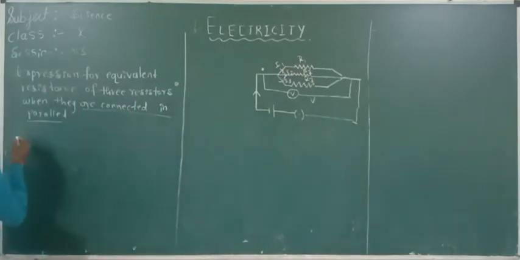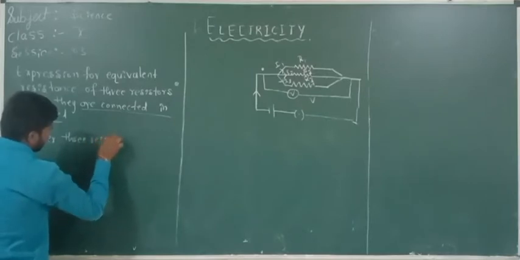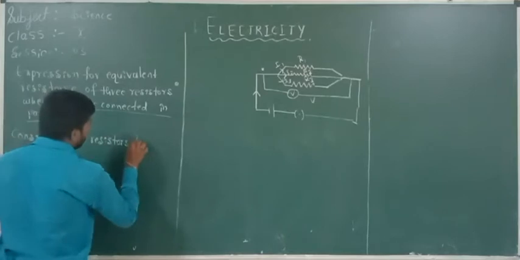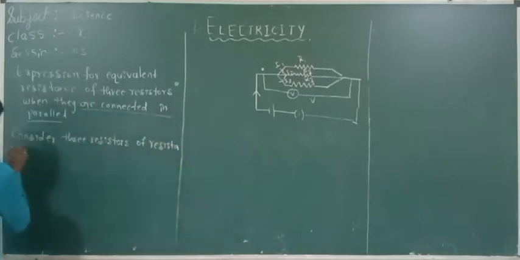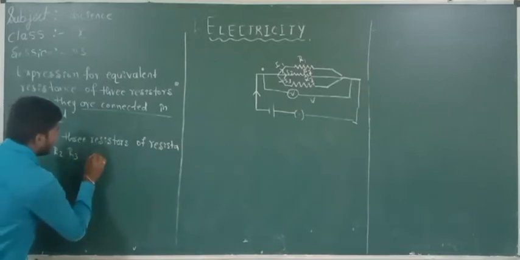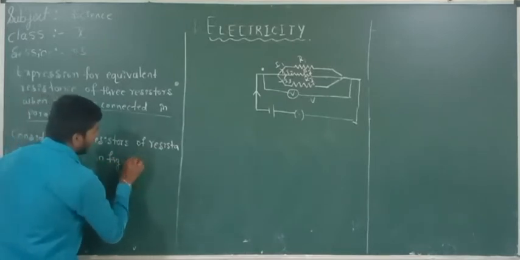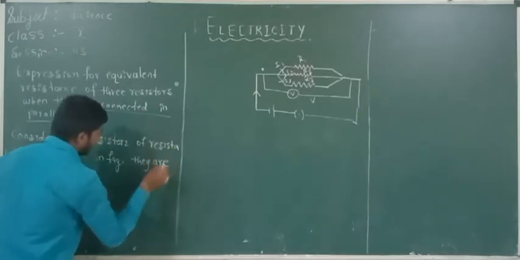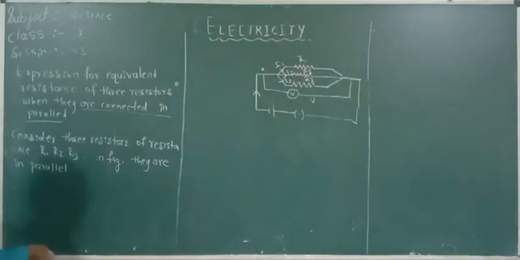See, write down here. Consider three resistors of resistance R1, R2, R3 as shown in figure, such that they are connected in parallel.